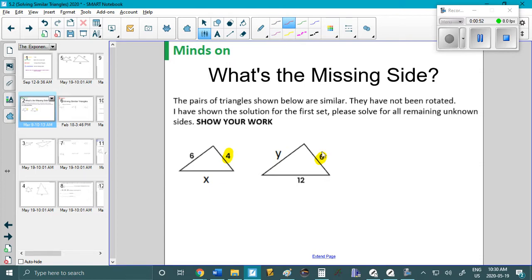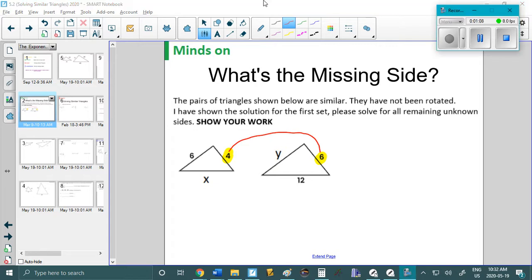And so what we do here is we take the larger triangle and we divide the corresponding sides by each other. Okay? So it's called the scale factor.